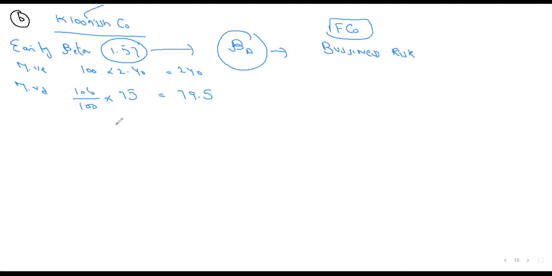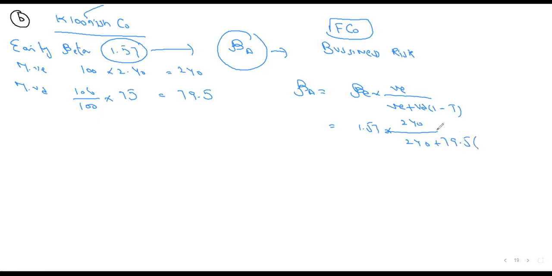Find out the beta asset. What is the formula? Beta asset is equal to beta equity into value of equity divided by value of equity plus value of debt into 1 minus T. Beta equity is 1.57. Value of equity is 240 over 240 plus 79.5. What was the tax? 30%. The Cloonish's. What was the tax, guys? Tell me.